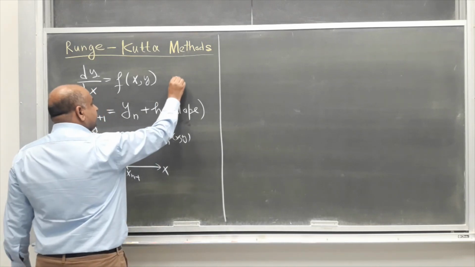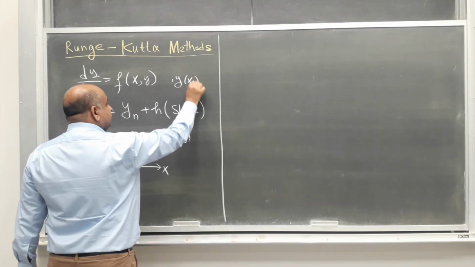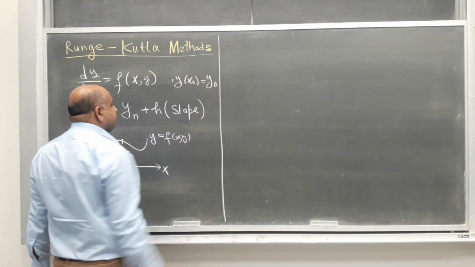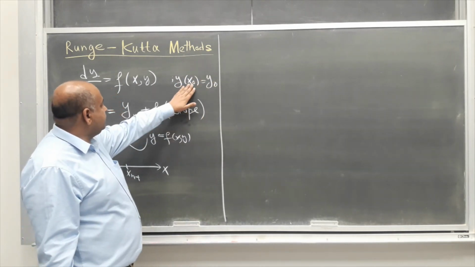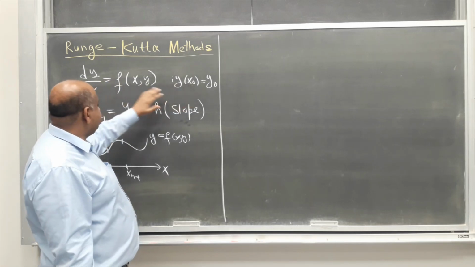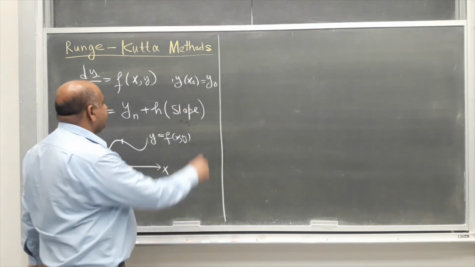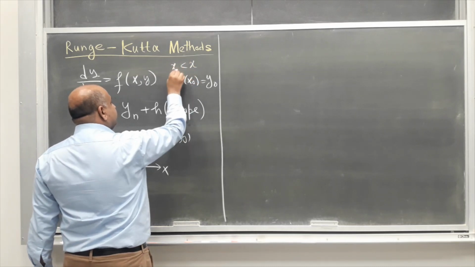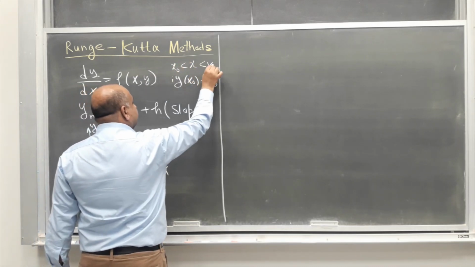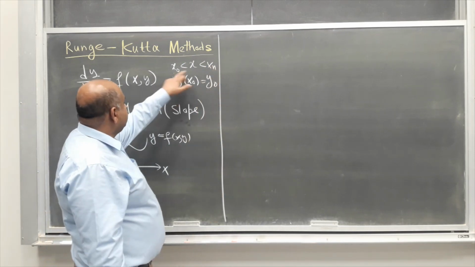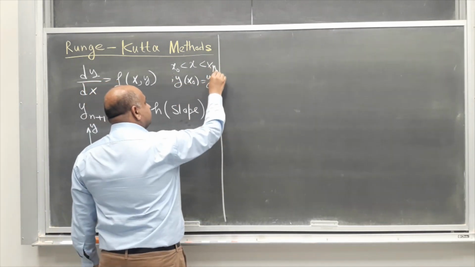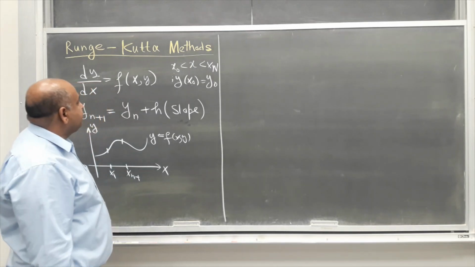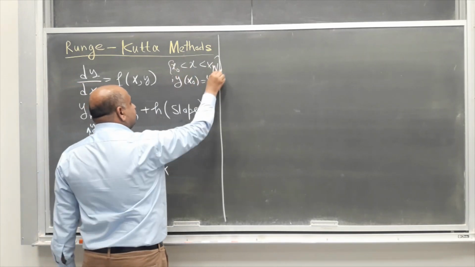That is, we are specified that at some initial point x naught, we are given the value of the function, and we are supposed to find the value of y in an interval, say from x naught to some capital N. So we have to find the value of y in this interval.